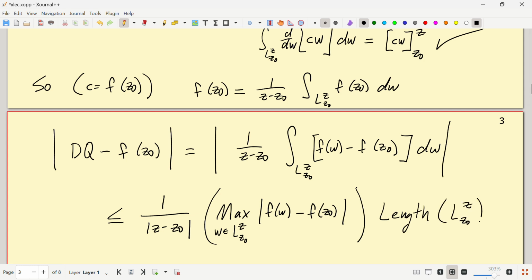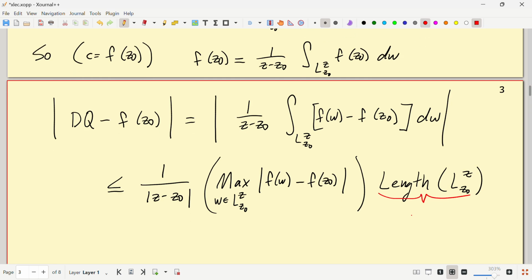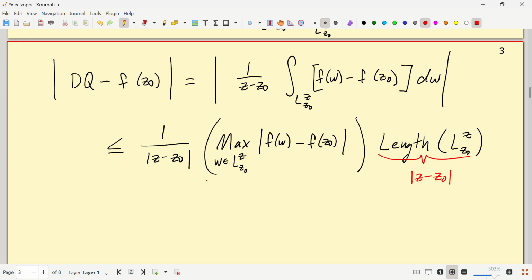And the length of that line segment is the scary thing in the denominator, so that cancels the scary thing. And this can be made less than epsilon using continuity of the little f.